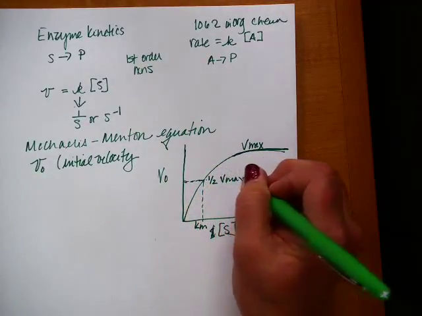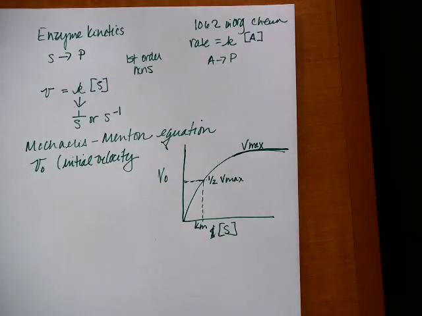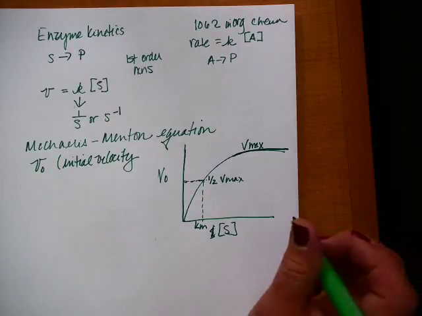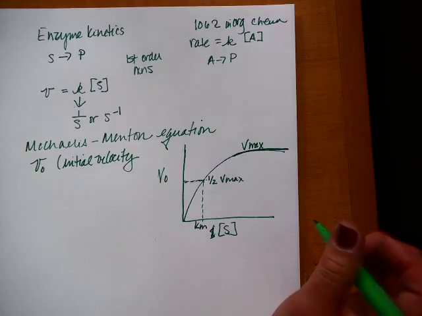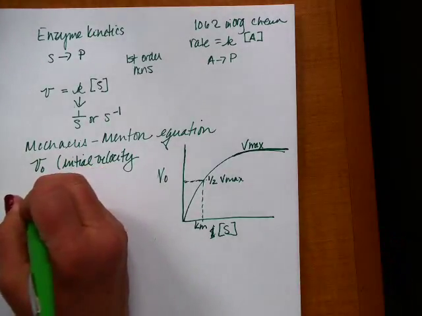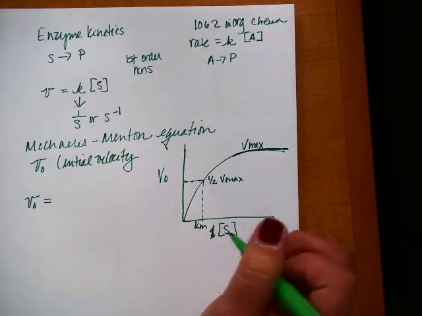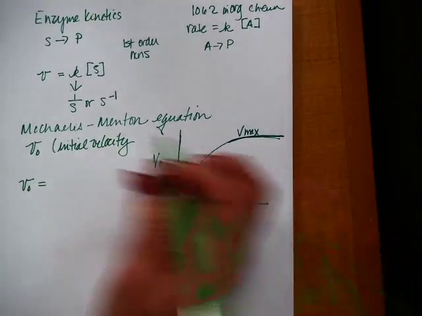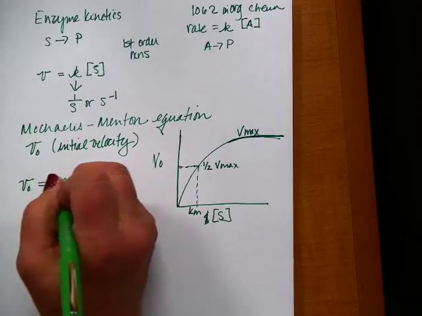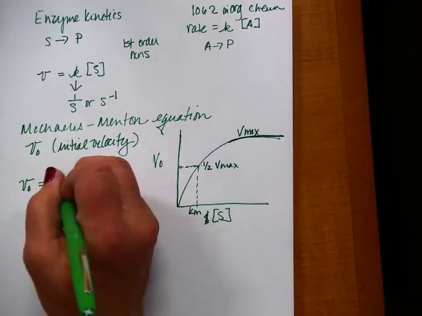Let's put that on there. The equation itself is initial velocity equals Vmax.